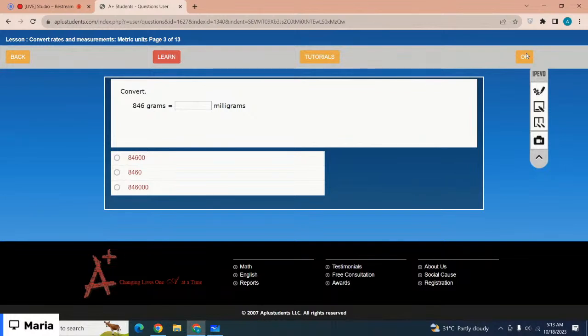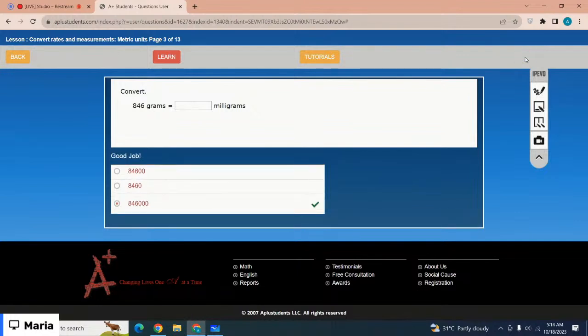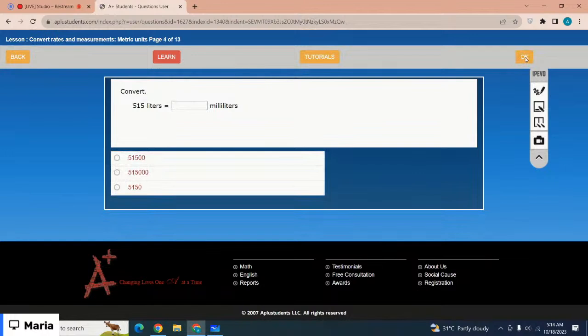The correct option is 846 thousands, because 1 gram equals 1000 milligrams.